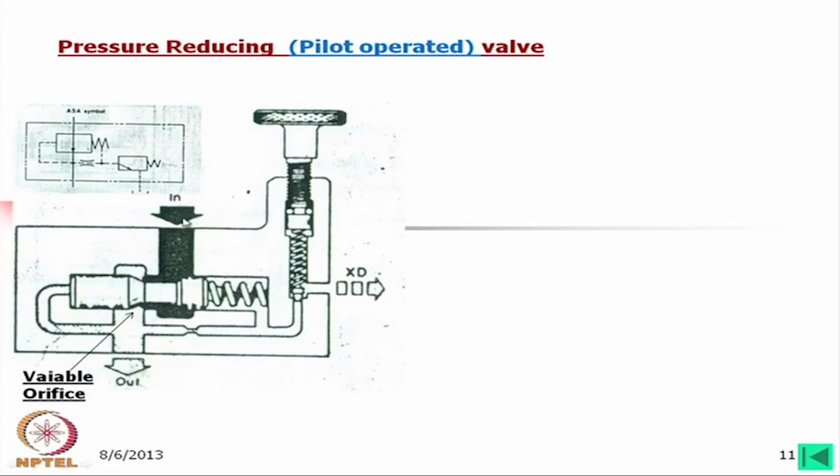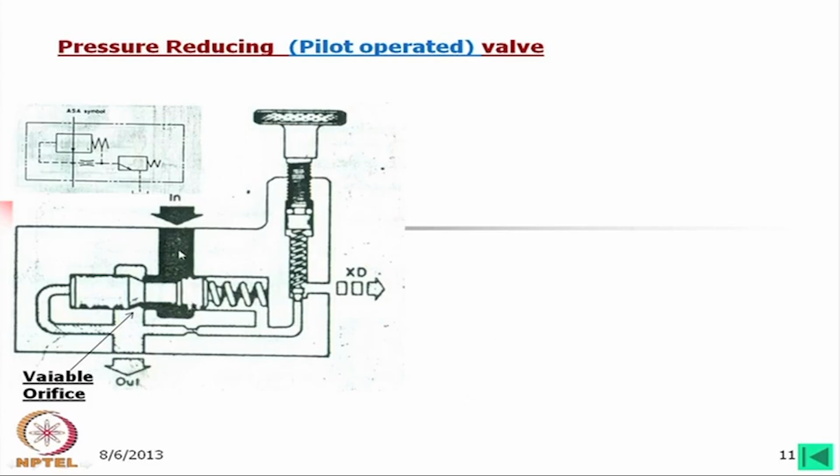So, this is the flow coming into the valve, here is the main poppet and here is the main orifice. Variable orifice means when this moves this way or that way, this orifice will open. Now, the orifice to this pilot stage is on the reduced pressure side, the outlet side, not on the inlet side.